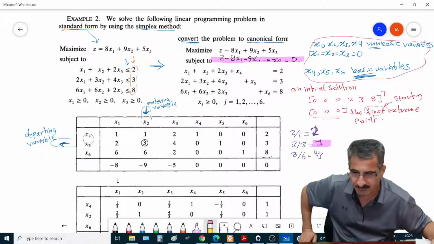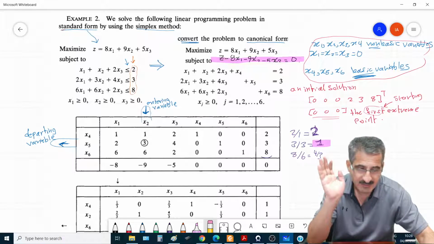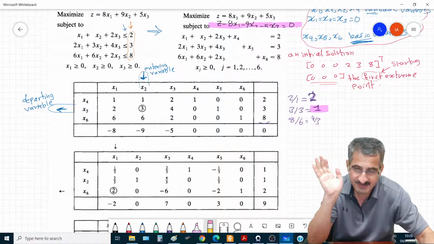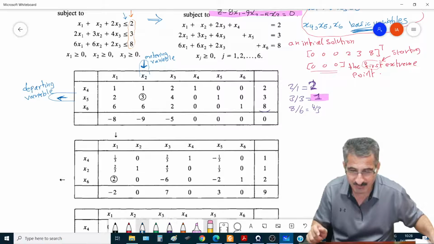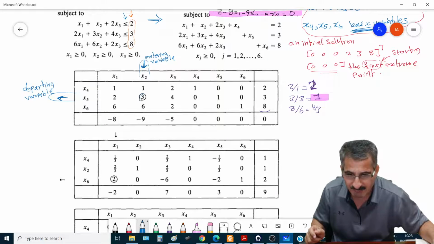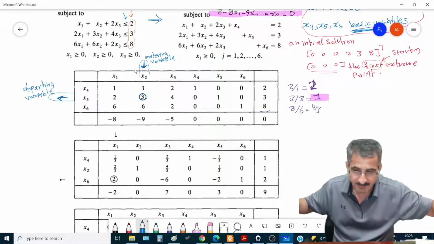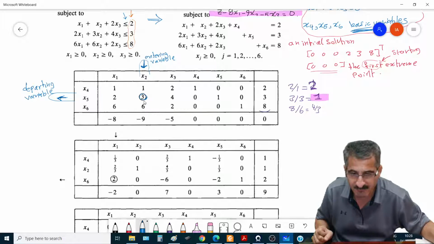Now what do we do? Now we work as in obtaining the reduced echelon form of matrices. Okay, so what do we do? We chose 3. Now you know why we chose 3. Make it 1, divide by 3. So divide the whole row by 3.